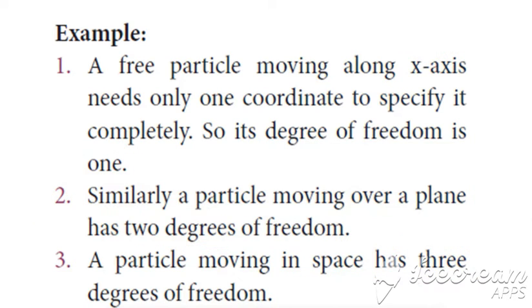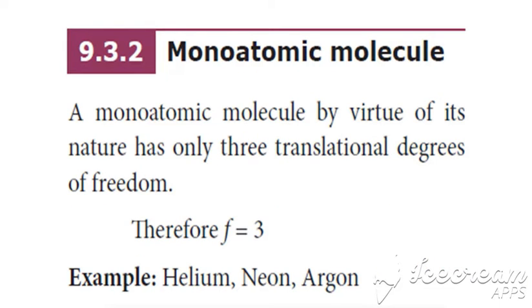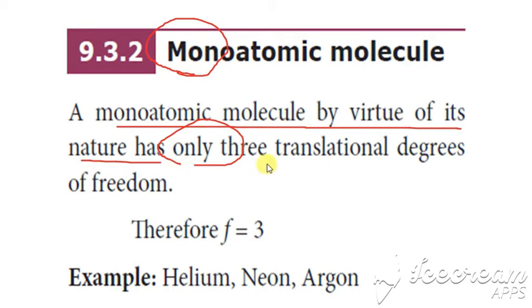Yes, clear? First we are going to see the monoatomic molecule. Mono means it has only one atom. A monoatomic molecule, by virtue of it, has three translational degrees. Translational means it is moving along a straight path. If there is only one molecule, that molecule will either move in the x direction, or y, or z.